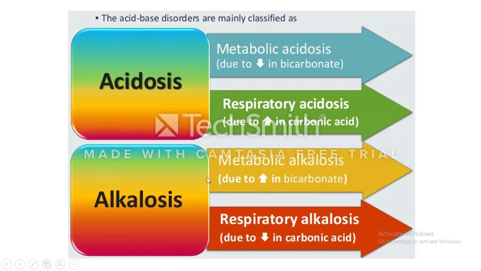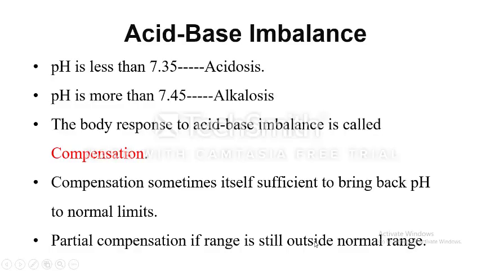Alkalosis also has two different types. Metabolic alkalosis, where the reason is the rise in bicarbonate ion concentration, or respiratory alkalosis, and the reason is the drop in carbonic acid concentration.